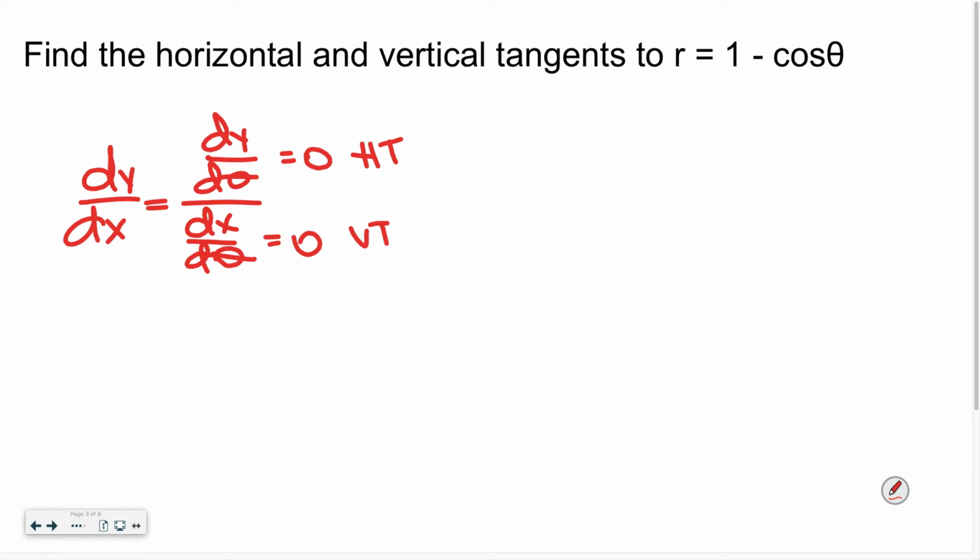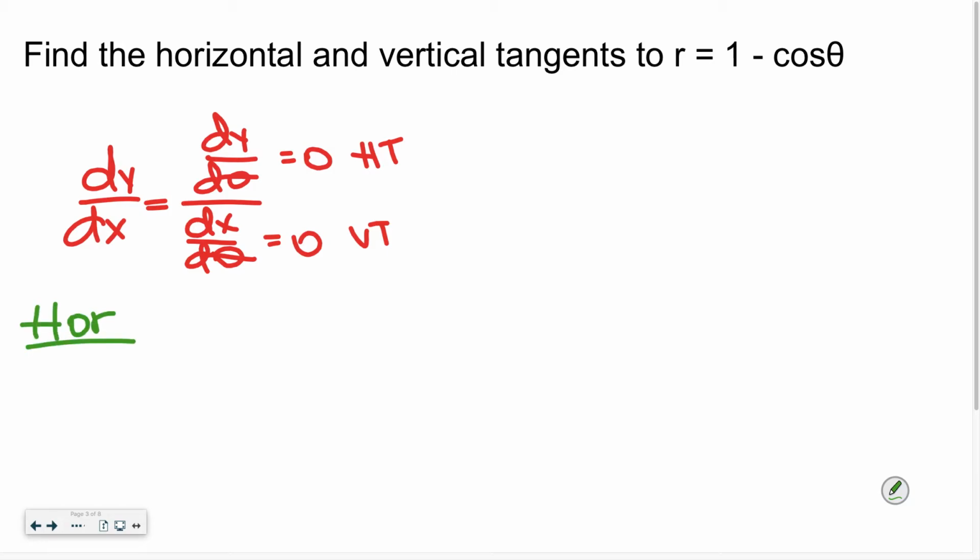So visualize what a cardioid looks like, a cosine cardioid. Which one would you like to do first, Nick? The horizontal. Why? Okay.